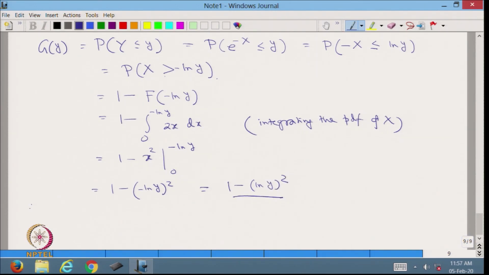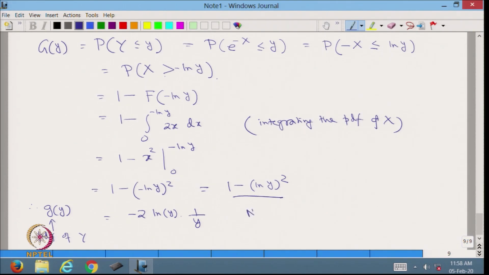Therefore, g(y), this is the PDF of y, is equal to minus 2 log y multiplied by 1 upon y.